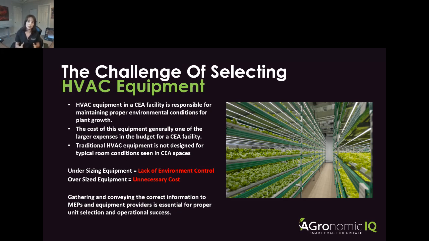So the two detriments that you will see in these applications, or the two worst case scenarios, are undersizing equipment, which will lead to lack of environmental controls in your space, or oversizing equipment, which will add unnecessary cost. So gathering and conveying the correct information to your MEPs, your specifying mechanical engineers, and the equipment providers is essential for proper unit selection and operational success.